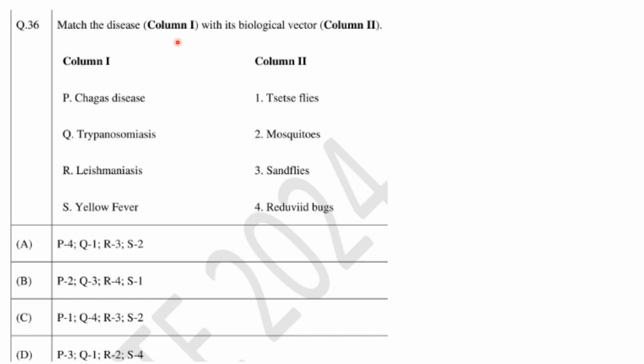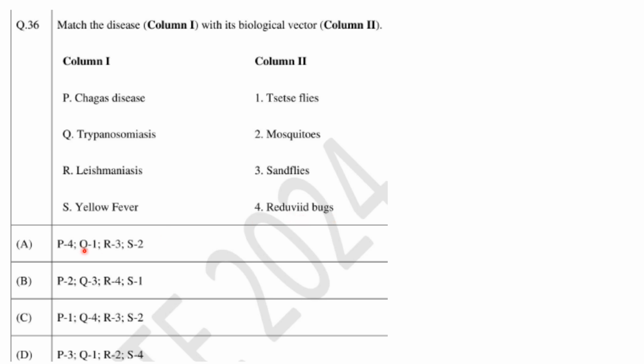Then next one. Match the disease in column 1 with its biological vector in column 2. So Chagas disease biological vector is reduviid bugs.